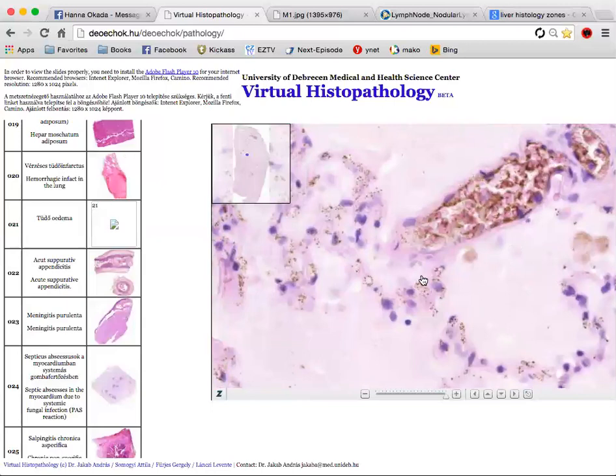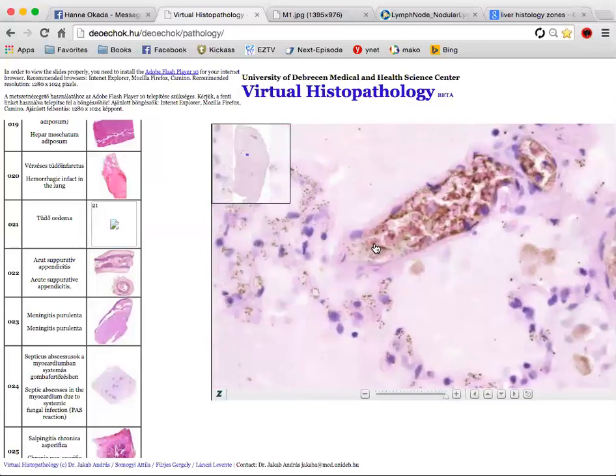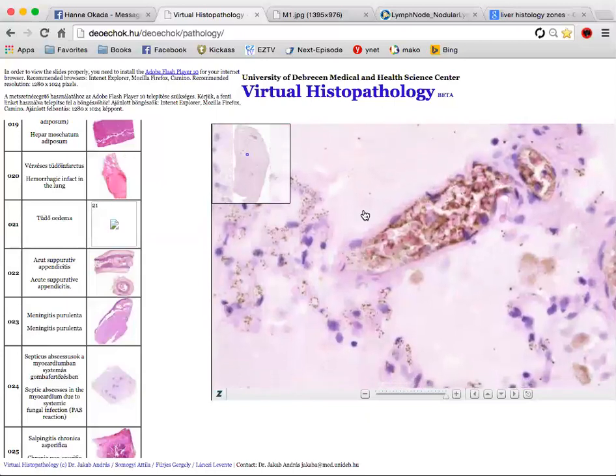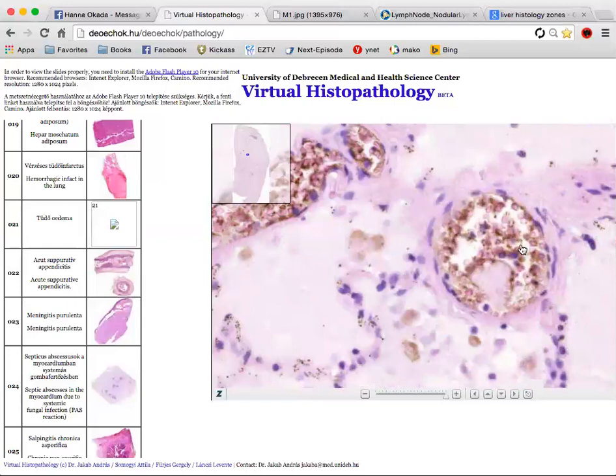The other thing you need to see here is this blood vessel, and it's congested with blood because it's not flowing, because the heart is not pumping properly. Then you see all this blood here, and the pigment is partially digested blood, because it's been here for a while. What happens is there's heart failure, and blood becomes congested in the lungs.